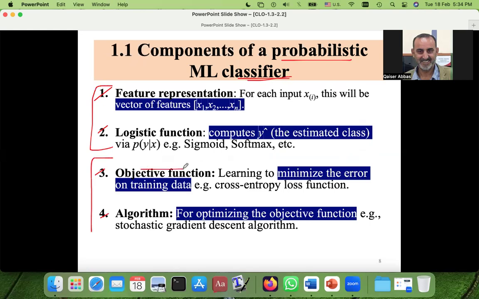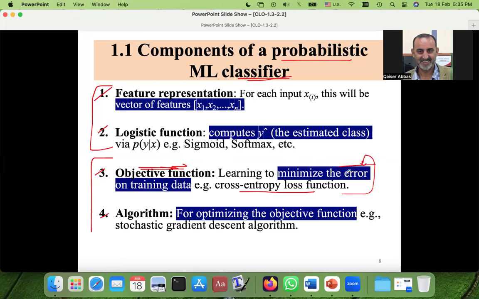One is the objective function. It is remaining because we have to design some formula to calculate the error. And for example, here in logistic regression, it would be the cross entropy loss function. This is the name of that formula, and this formula will calculate the error.